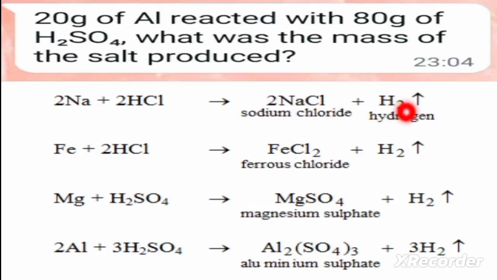Iron plus hydrochloric acid produces salt and hydrogen. Magnesium plus sulfuric acid produces salt plus hydrogen. And we have this one, aluminium plus sulfuric acid. This equation is coming from our question.